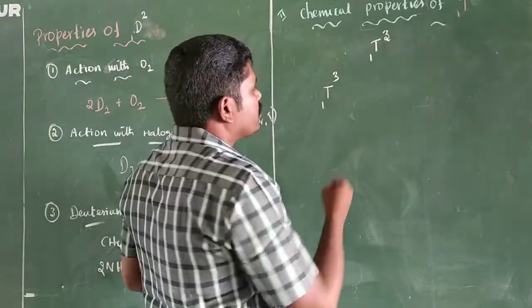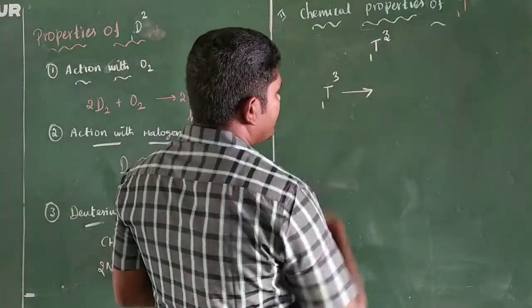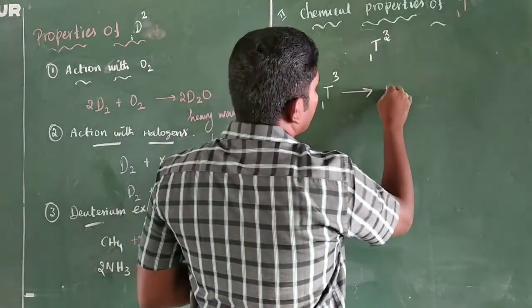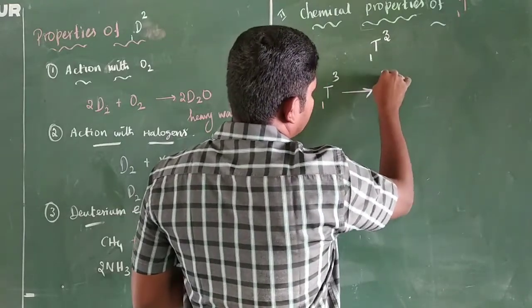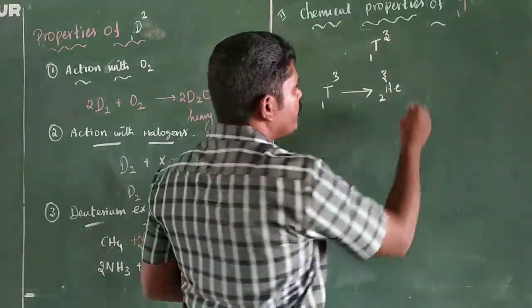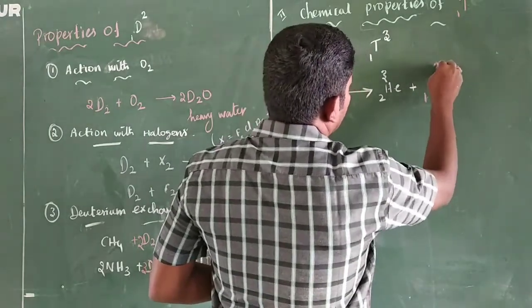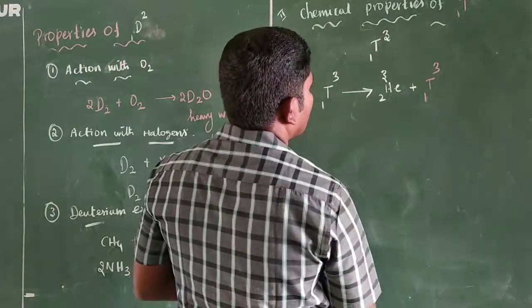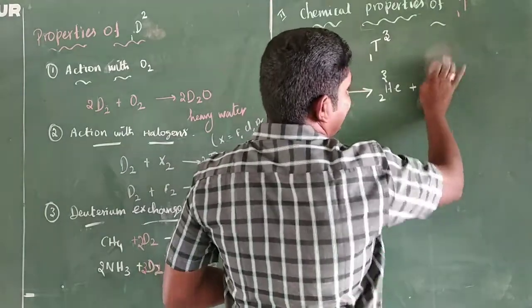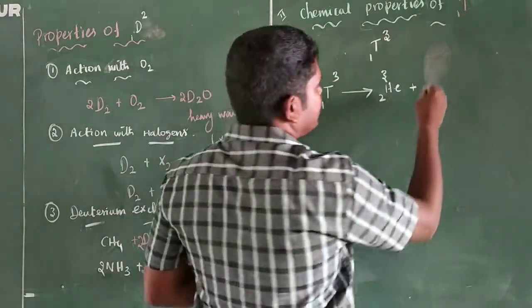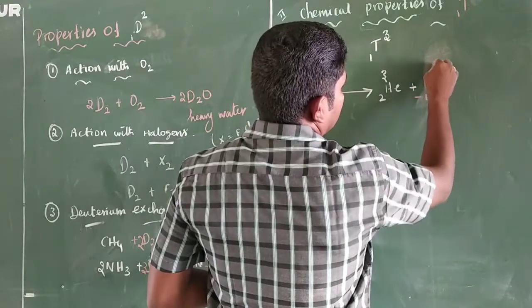Tritium automatically dissociates to give a helium isotope plus an electron, emitting beta particles, beta e, -1 0.